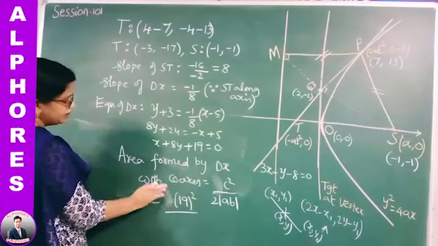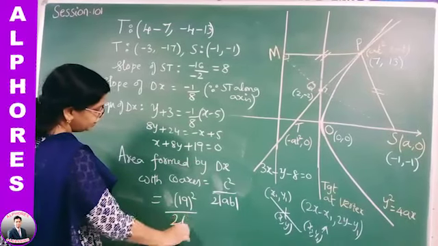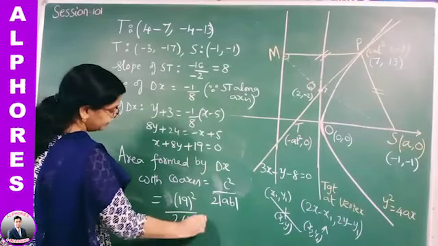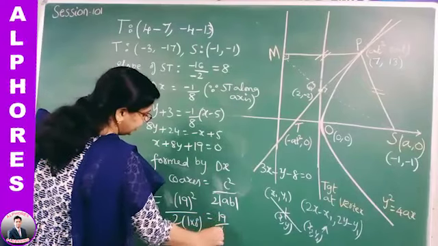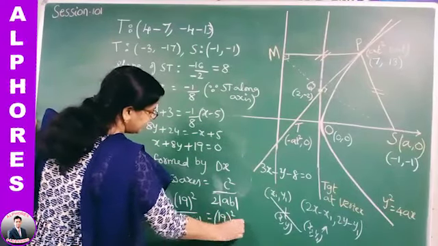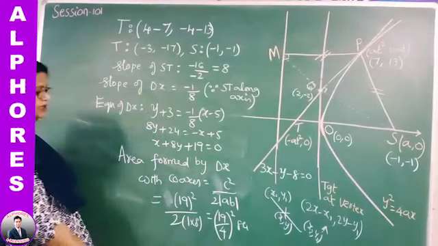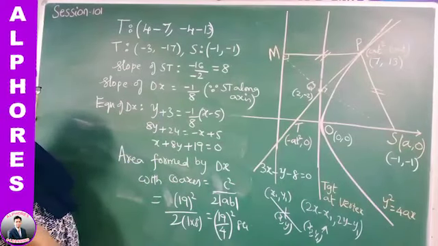Therefore here it is c squared by 2 into 1 into 8. That implies you can say clearly (19/4) whole square, square units. So this is the area formed by the directrix with the coordinate axes, right?